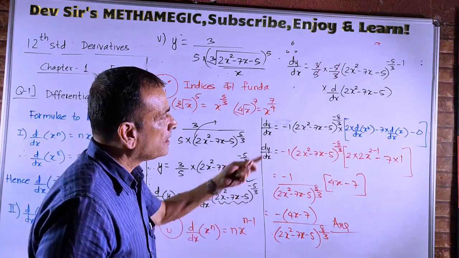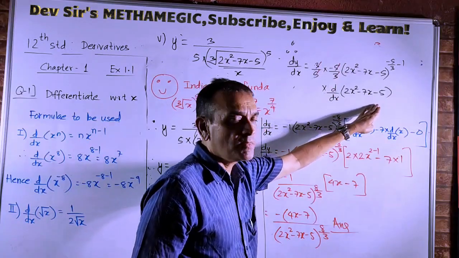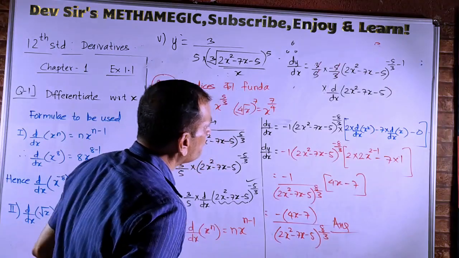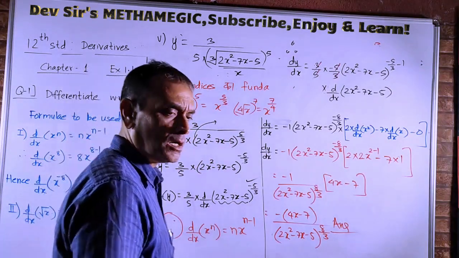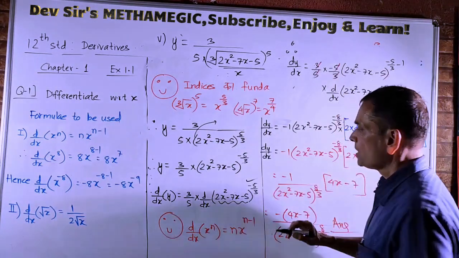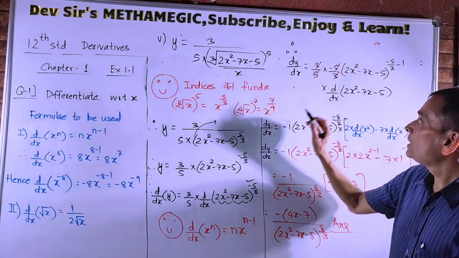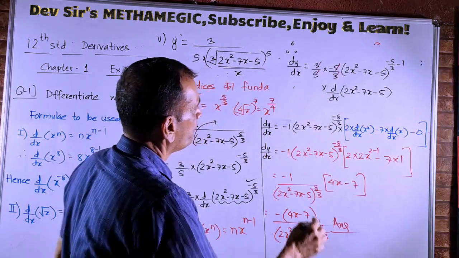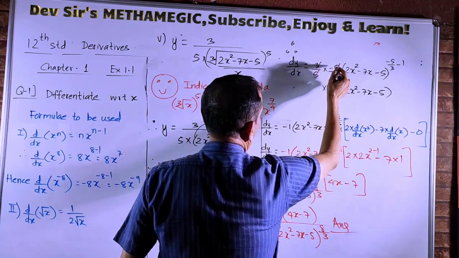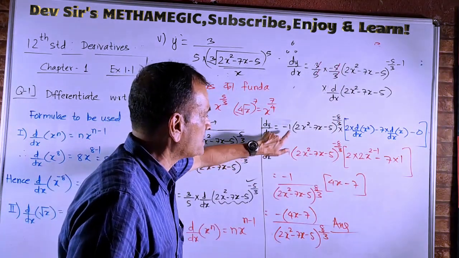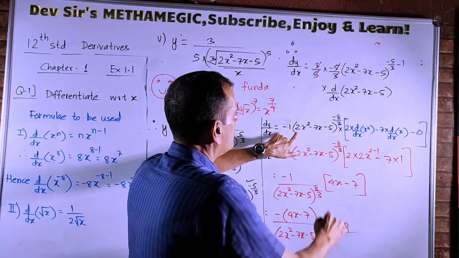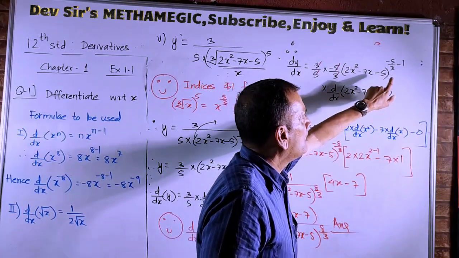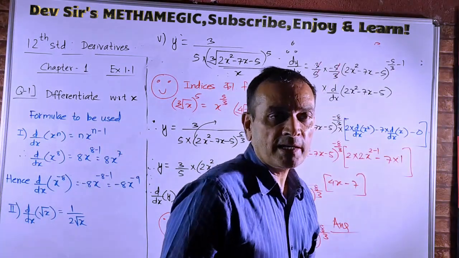So next step में d by dx of this means 11 standard stuff देखेंगे. अभी क्या होता है देखो, this 3 by 5 and minus 5 by 3 जो आगे आया है वो कैंसिल हो गया. 3 gets cancelled, 5 gets cancelled, minus 1 remains.